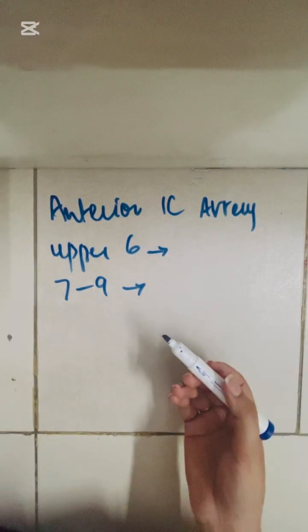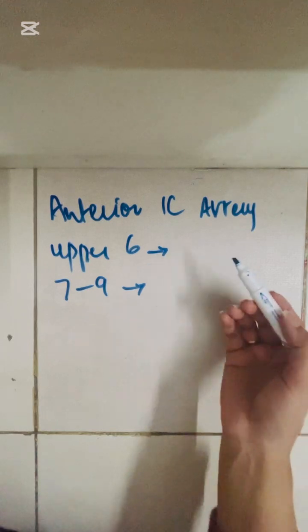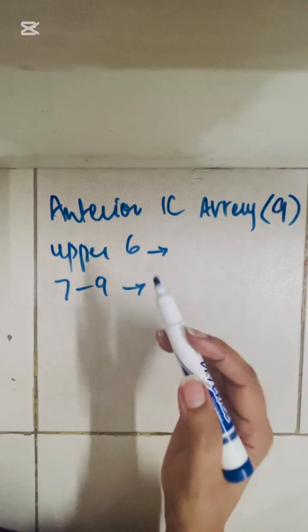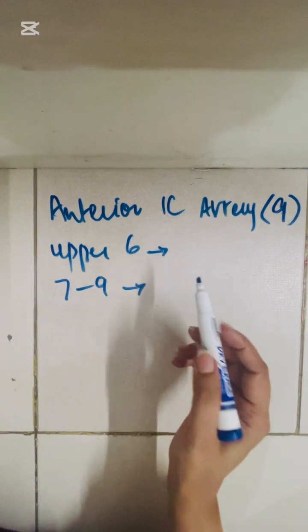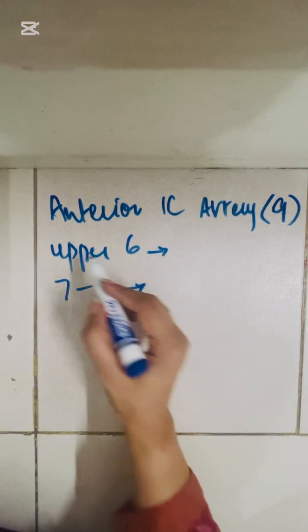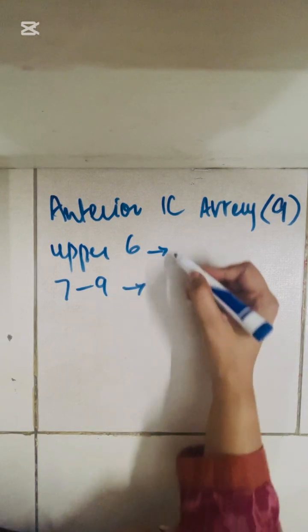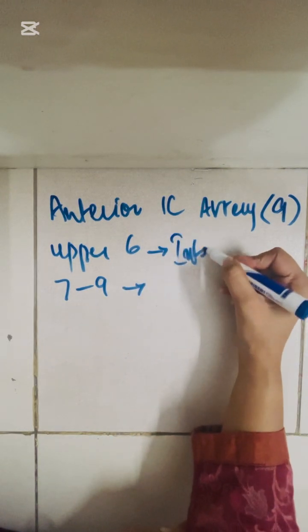Now coming to the anterior intercostal artery. Anteriorly we have 9 spaces. In each space we have 2 anterior intercostal arteries. The upper 6 spaces have the intercostal arteries coming from the internal thoracic artery.